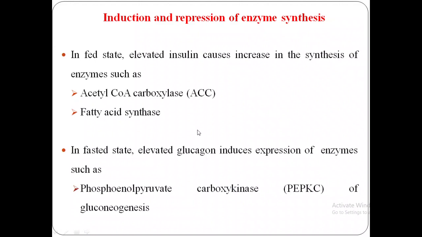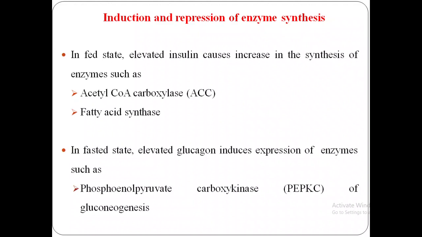Increased or decreased enzyme synthesis causes changes in the number of enzyme molecules. These are enzymes that are needed under specific physiologic conditions, and these enzymes are subjected to regulation of synthesis.